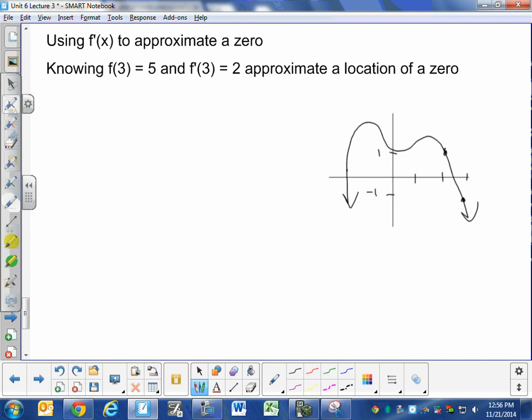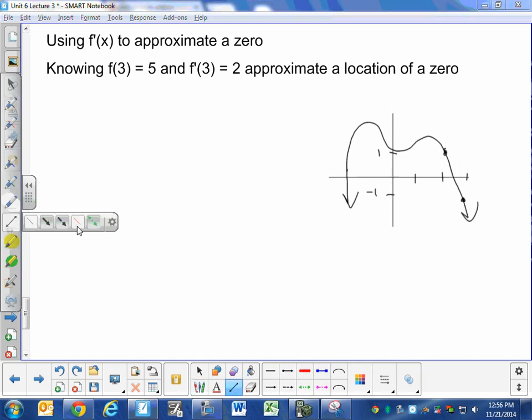Well, I know that somewhere in between we're going to cross. I can think about connecting these 2 points, finding the line that connects them, and use that to estimate where we're going to cross the x-axis. Or I could just use the tangent line to one of these points to estimate where we're going to cross the x-axis.